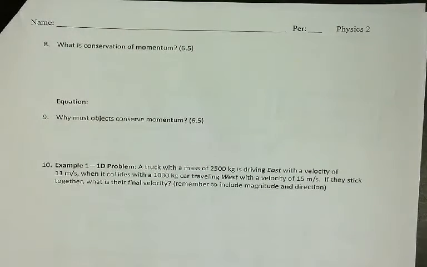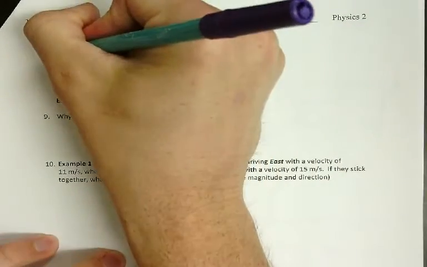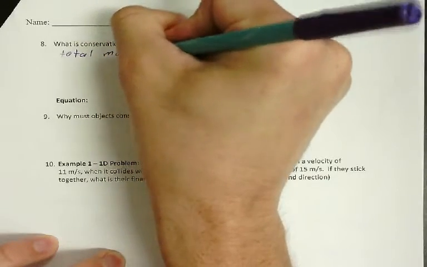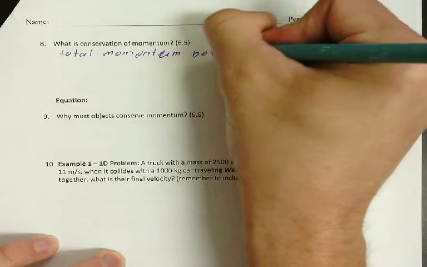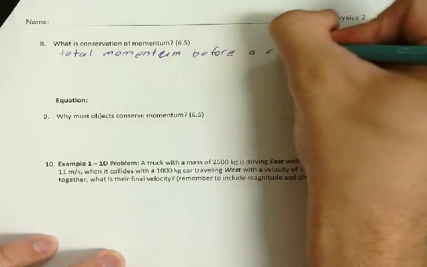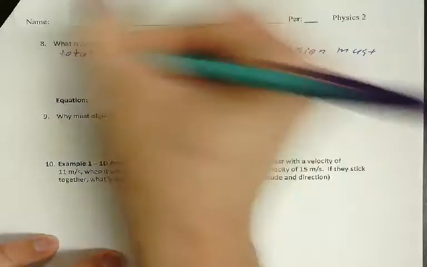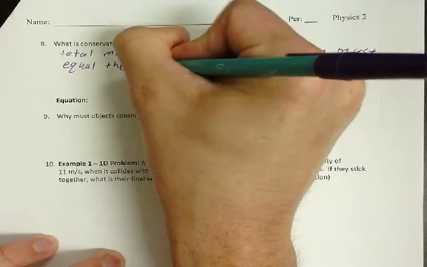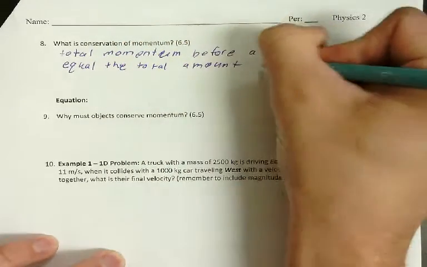Conservation of momentum just says that the momentum before of all the objects has to equal the momentum after. So the total momentum before a collision must equal the total amount after.